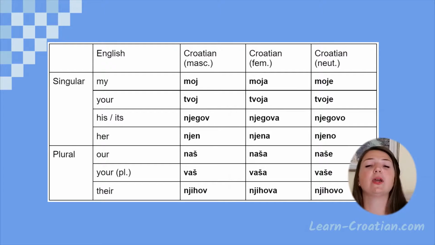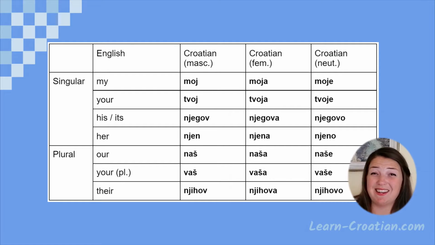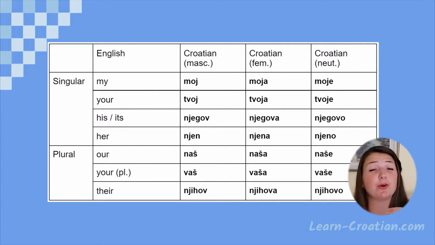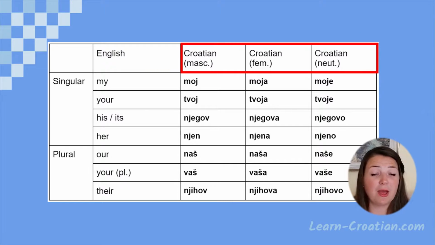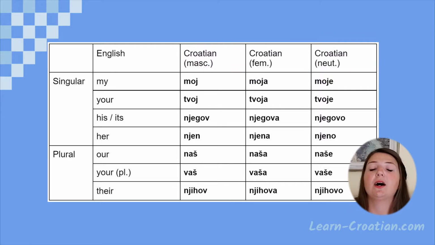For each pronoun, you have three different forms: the masculine form, the feminine form, and the neuter form.